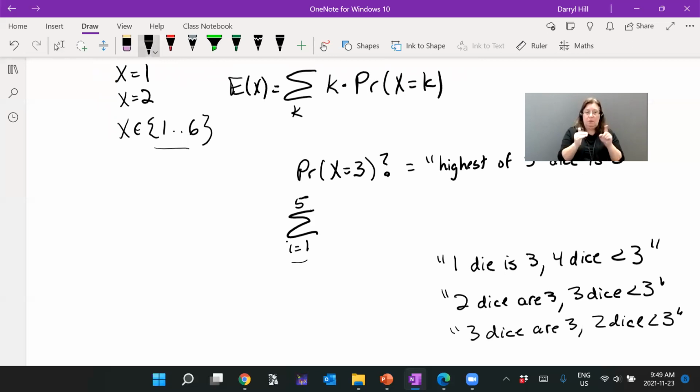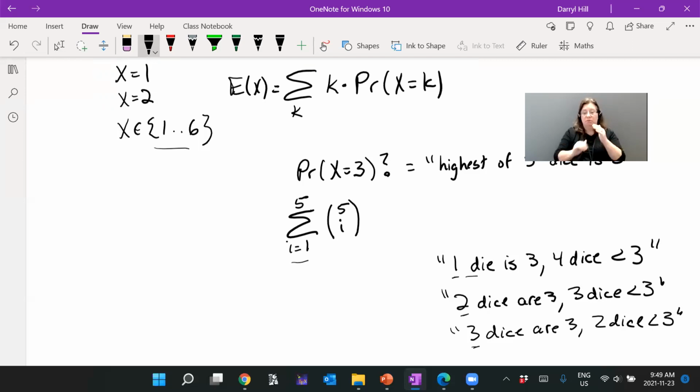Okay, so then if I iterate from i equals 1 to 5, i is going to take on these values here. So now if I count the number of ways that can happen, well, if I have 1 die out of 5 that is a 3, that can happen 5 choose i ways. And then the other 4 dice are less than 3.